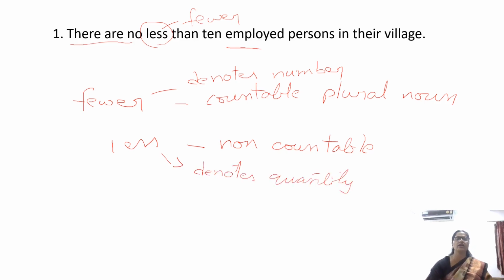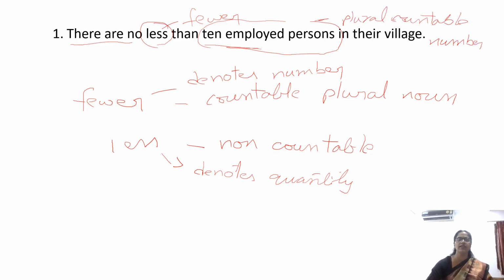Here it is not quantity, we have a number, a plural countable number, 10 employed persons. So obviously we should not use less. In place of less, we need to use fewer. There are no fewer than 10 employed persons in their village is the correct answer.